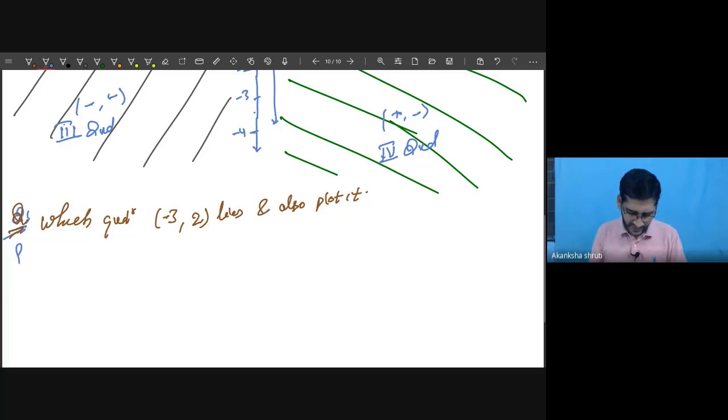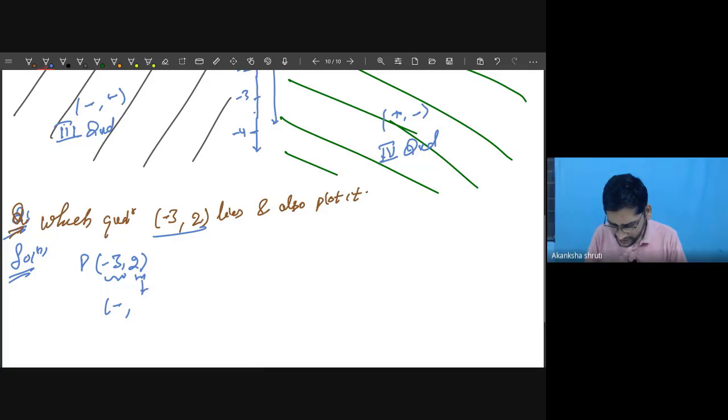Students, here we are given the point P. Let us denote this point as P(-3, 2). Here, what are we getting? For this, the x coordinate is negative and y coordinate is positive. So in which quadrant is x negative and y positive?